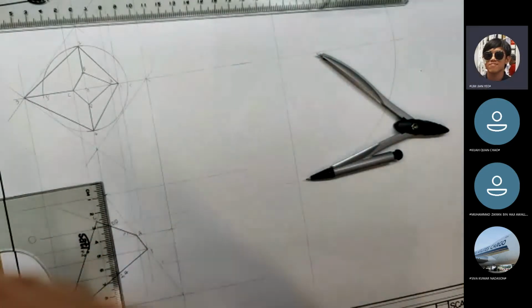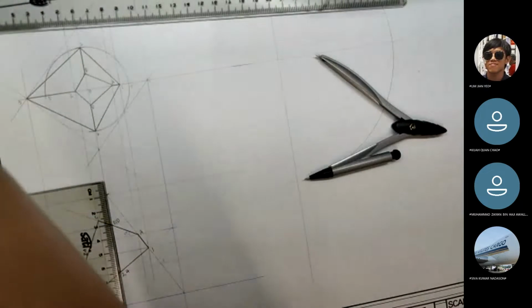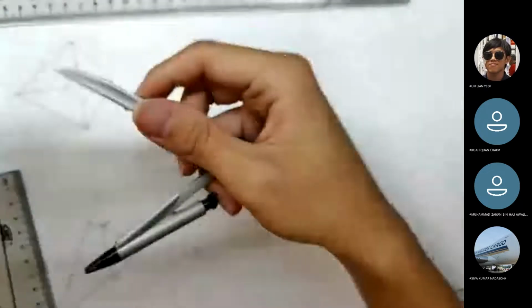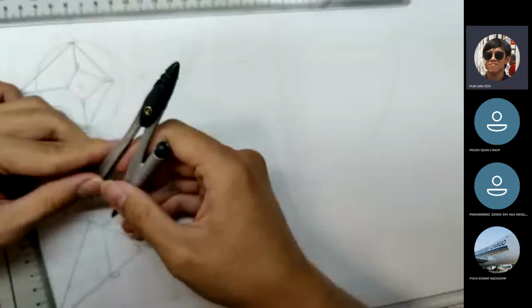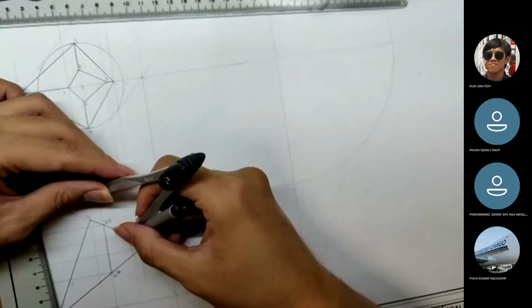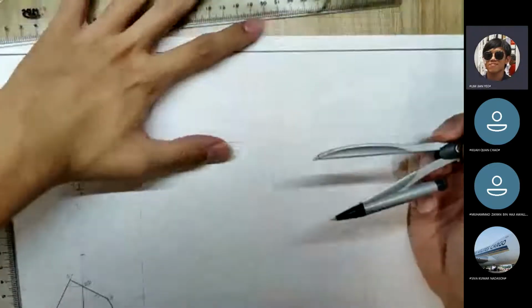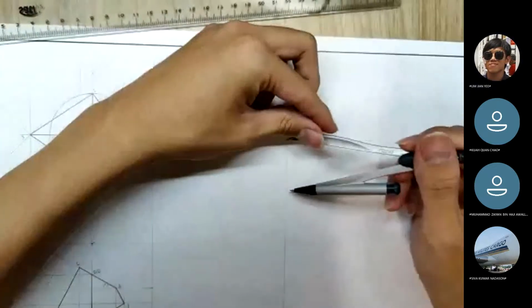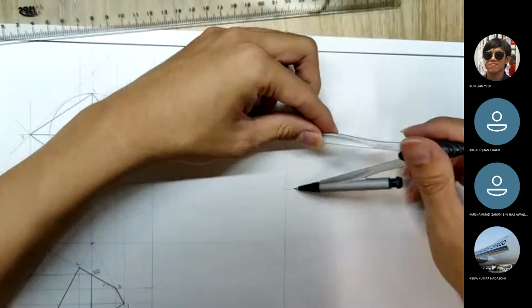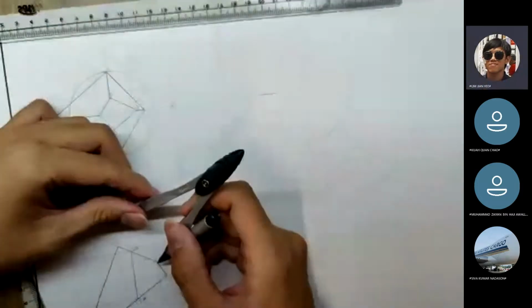So take it as it is. This is 90. The height is 90. Then the next part is the tip of it to A, and measure it up. I need to draw this longer.